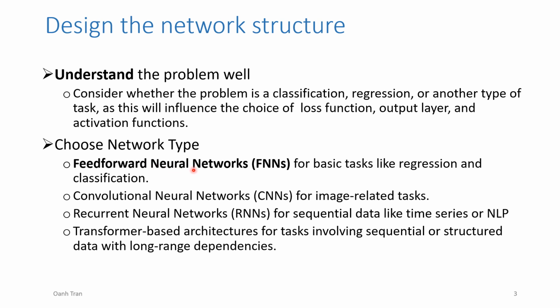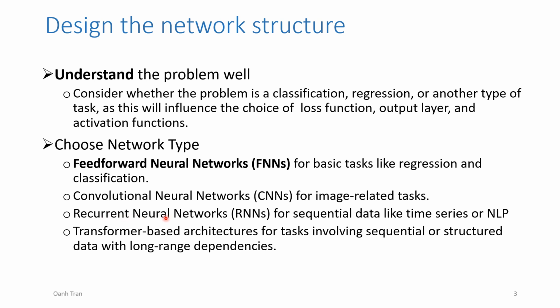It's recommended to use a feed-forward neural network for basic tasks like regression and classification on structured data. I mean the data in tabular form. You are recommended to use CNNs and their variants for image-related tasks like object detection, face recognition.